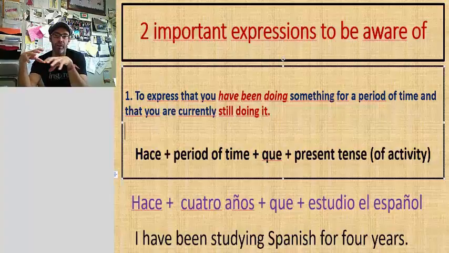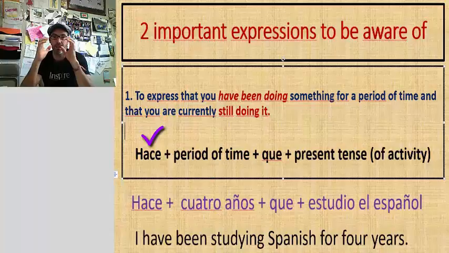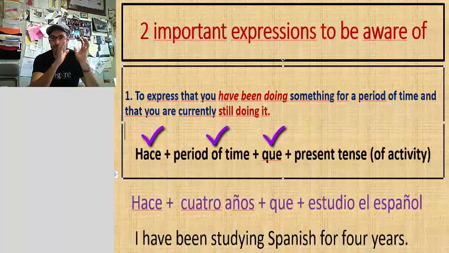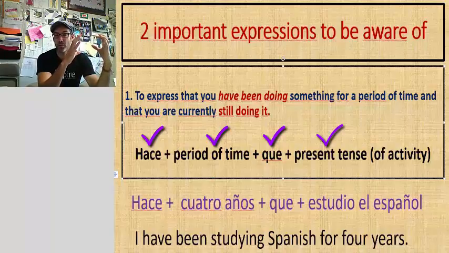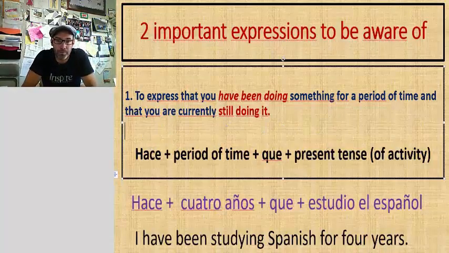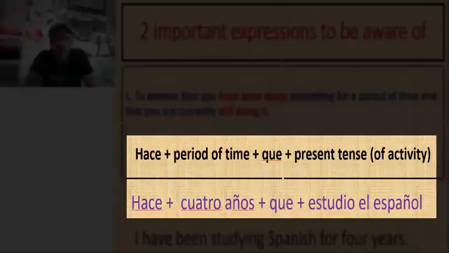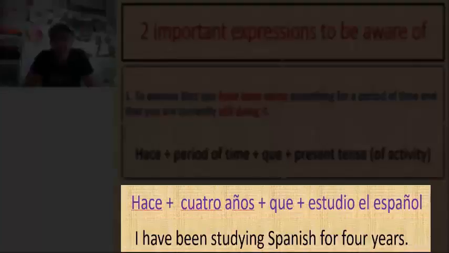We use the verb hacer, conjugated in the third person, so hace, plus the period of time that you have been doing that activity for, plus que, plus the activity conjugated in the present tense. So, for example, I would say, hace 4 años que estudio el español, meaning I have been studying Spanish for 4 years.